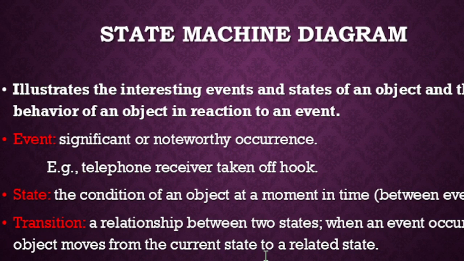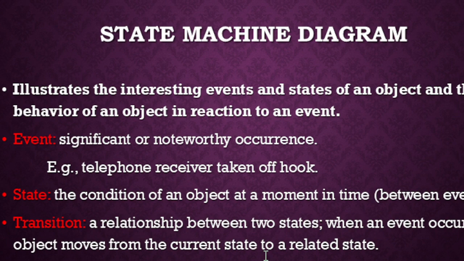Capturing an event, which we call a noteworthy occurrence, means that an important or significant occurrence is considered an event in our mini world. For example, if we talk about a telephone call, we can say the telephone receiver is taken off the hook.